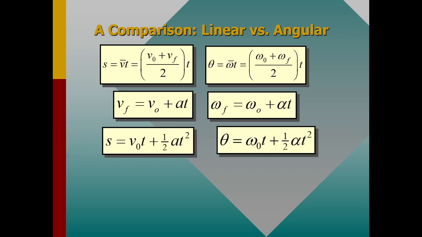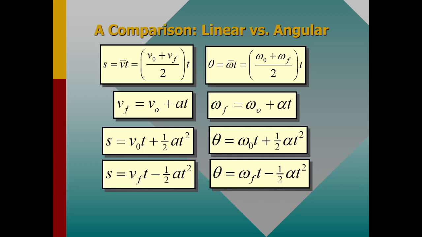Same applies with this other equation, where we say S, which is distance, is equal to V0t plus half AT squared. So where there is S, it is theta, and W0 is the initial angular velocity, and where there is acceleration, you put alpha.